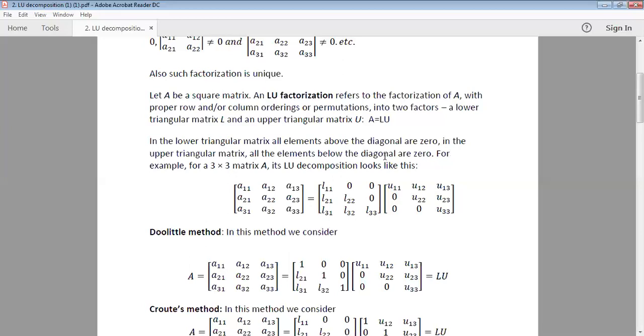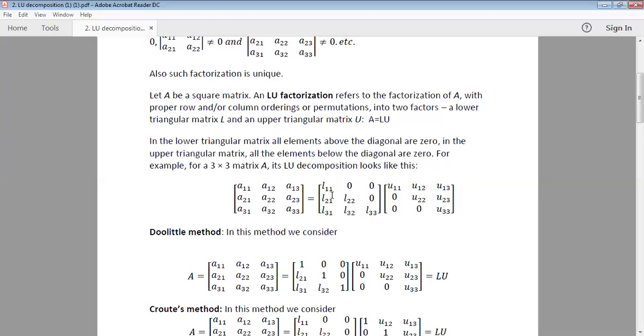So for example, I am considering a 3 by 3 matrix. For a 3 by 3 matrix A, its LU decomposition is like this. A equals A11, A12, A13, A21, A22, A23, A31, A32, A33.